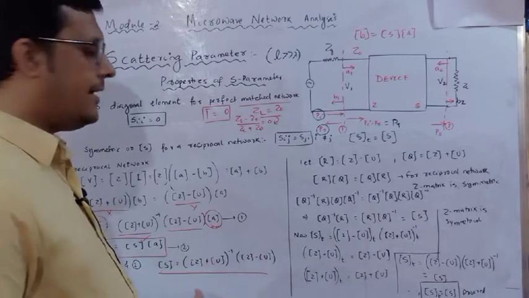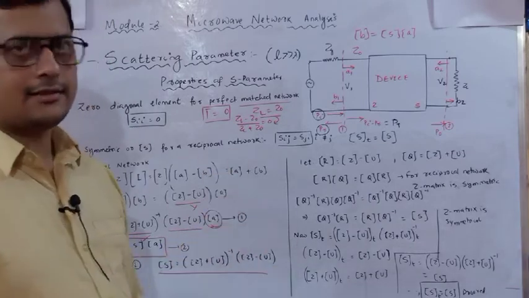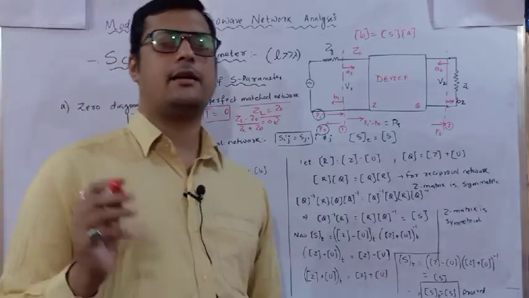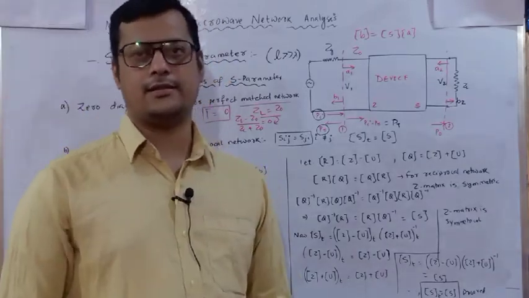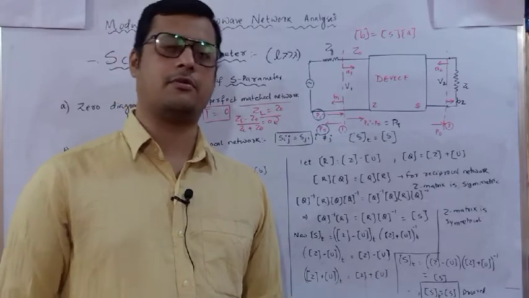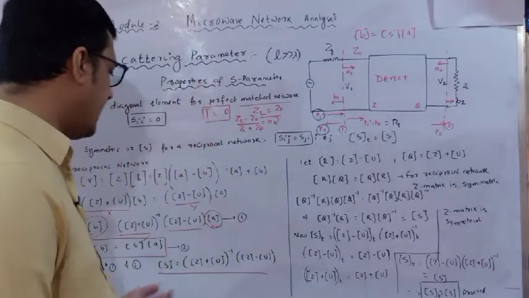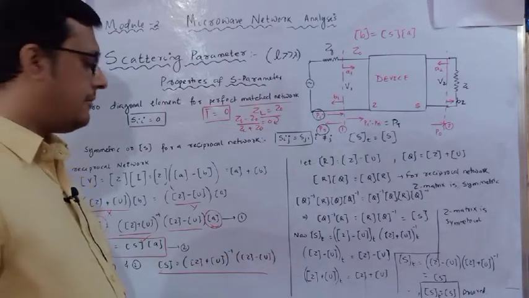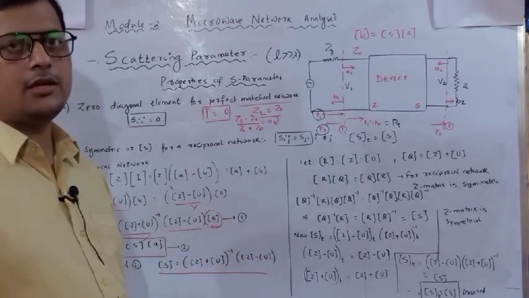So this is my value. Now how to identify these relations? I have converted into S. Now my main target is that S transpose must be equal to S, then only I will say it is called a reciprocal network. So for that, let us consider Z plus U as the R matrix and Z minus U as the Q matrix.